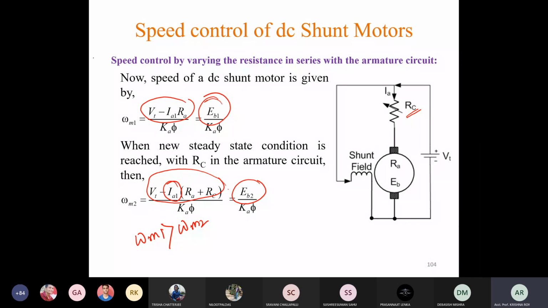But since the load torque is constant, this armature current cannot change. Initially, it will change, and it will come back to its previous value as soon as the motor reaches its stable operating speed. Okay, is it clear? Yes.